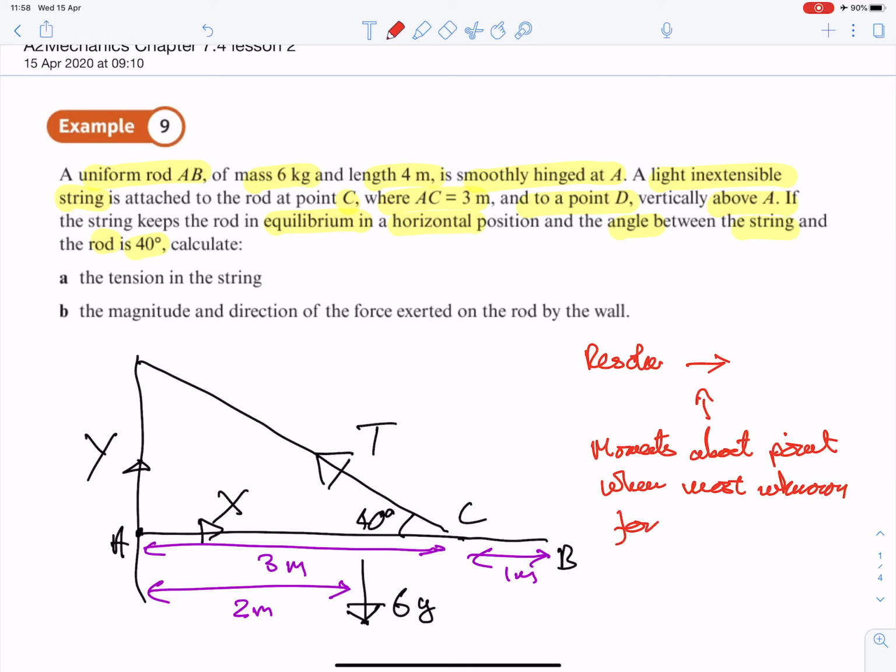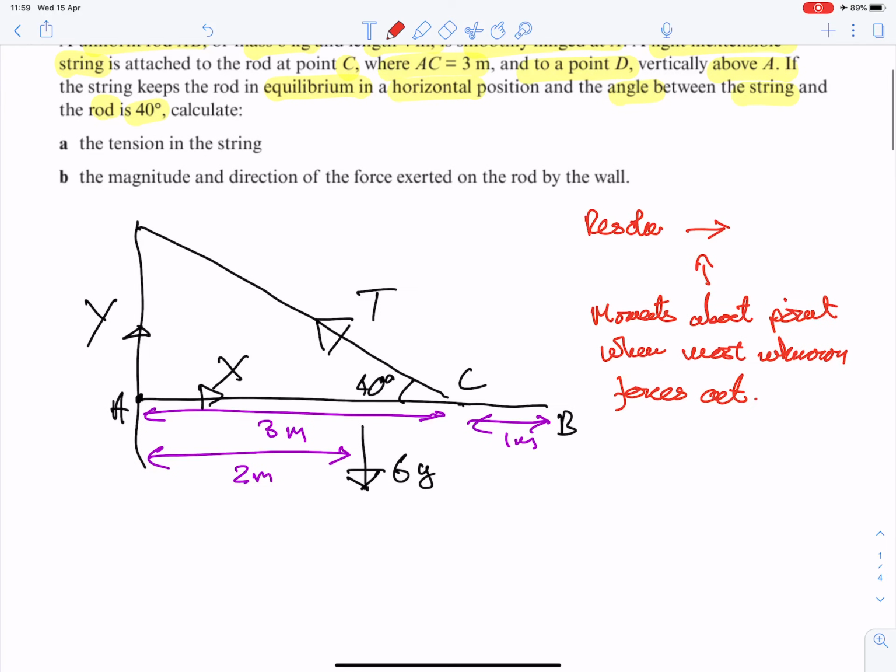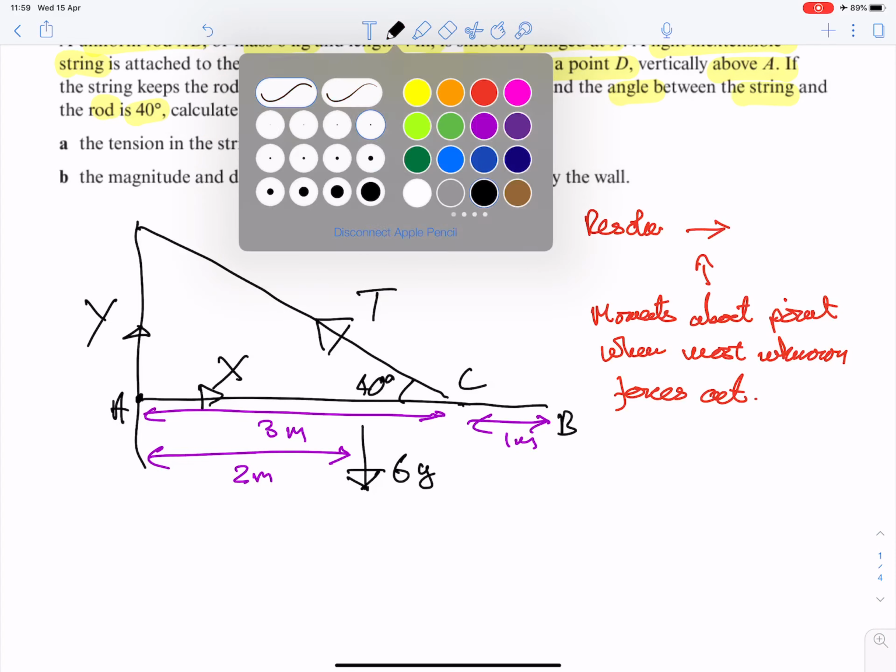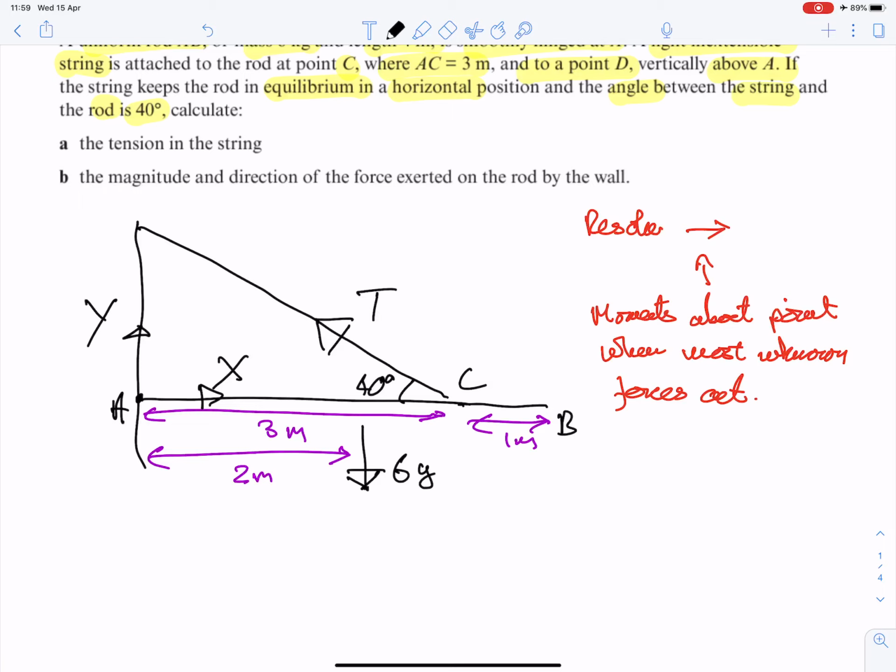We're thinking about resolving horizontally, resolving vertically, and taking moments about the point where most unknown forces act, unless we're looking for a distance from a point, in which case we would take moments about that point.